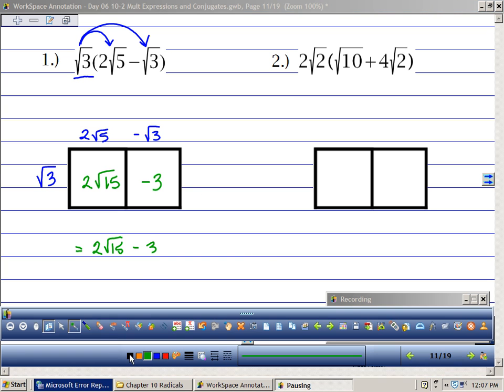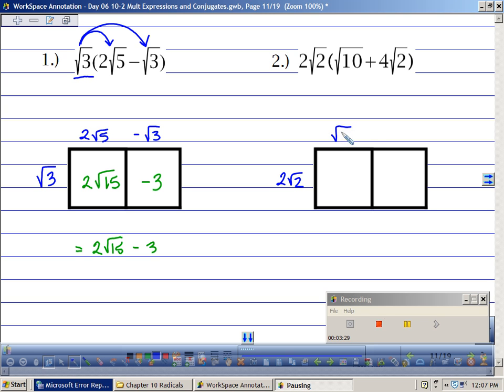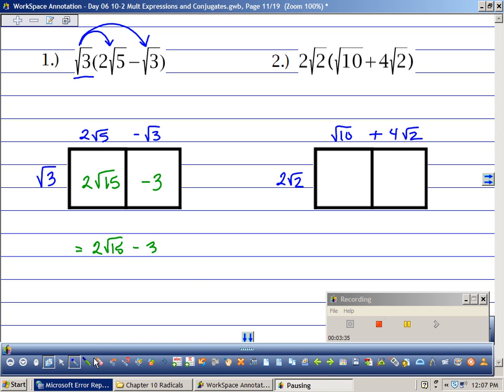What about this one? What do I put on the outside of this box? 2 root 2 times root 10 plus 4 root 2. I see a square in here, so I'm going to be careful about that.